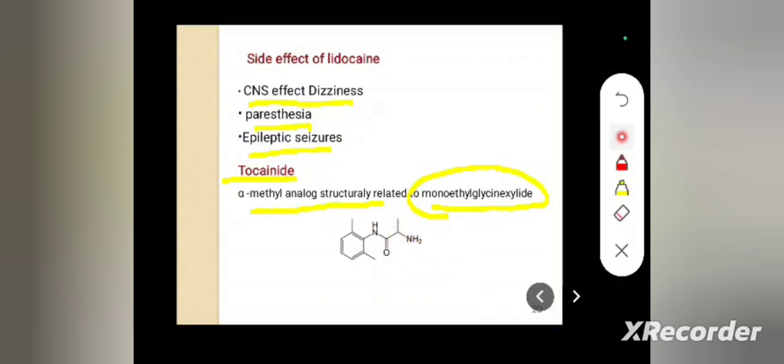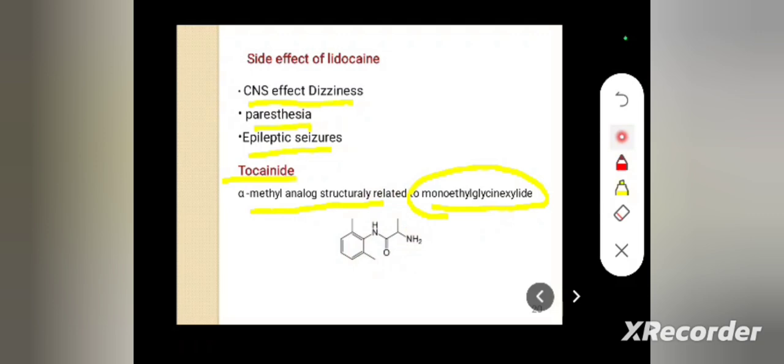So we can simply write tocainide. For pharmacologically active sodium channel blockers, the structures found contain amide groups. So this amide group is essential for the activity.